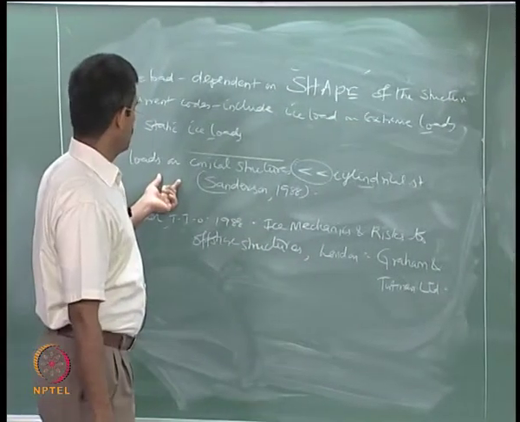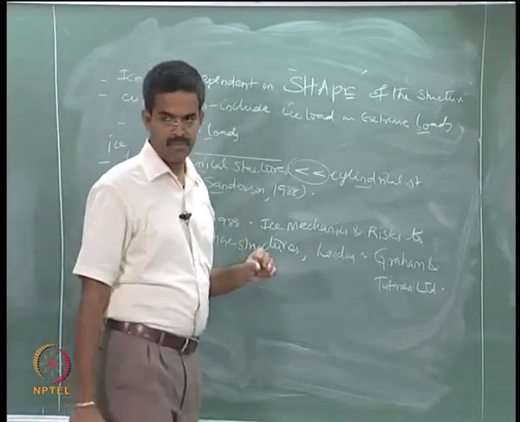Now, one can say, what is the main reason for this kind of difference in behavior in the ice loads, which is shape dependent?